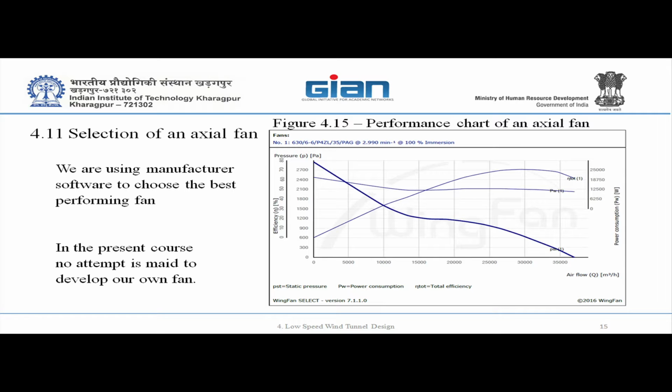The axis here, the horizontal is the RPM. The vertical is the static pressure. And you have two verticals. To the right, you have the total power. And to the left, you have the efficiency of this fan. The bold line is a characteristic of the fan that you are choosing in this case.